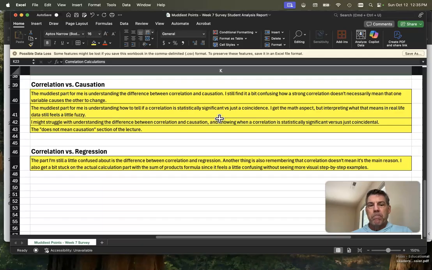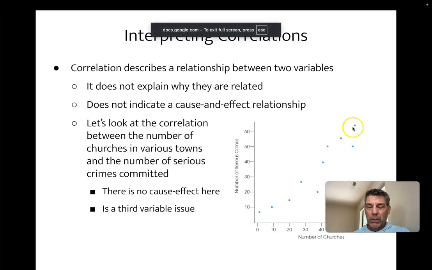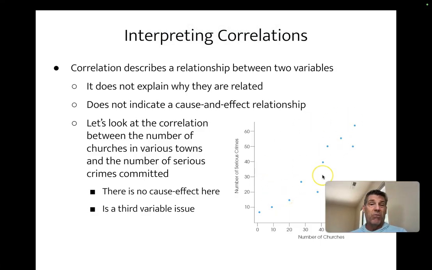Now, also you want to be keeping an eye out for, when I go back to this example here, it's also possible that we only have 10 cities. We might be getting this strong positive correlation only by chance. If we sampled another 90 cities, maybe we get dots all over the place, and this would end up being a zero correlation.